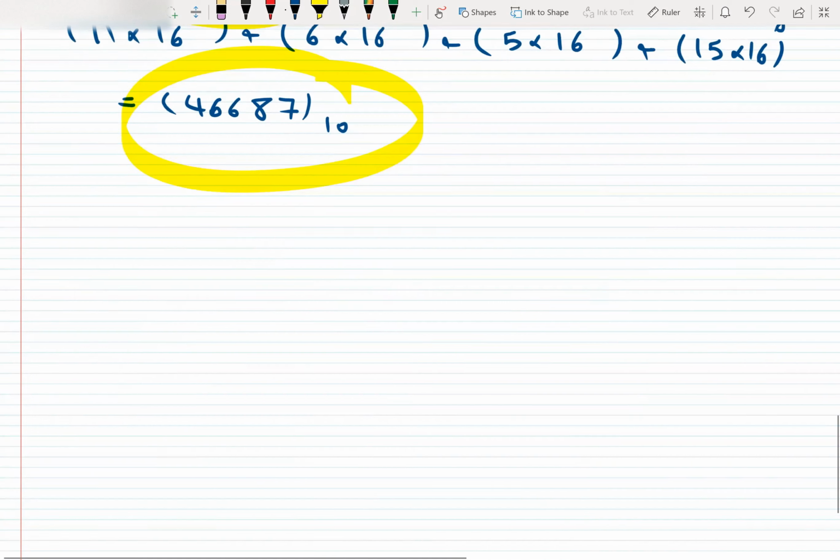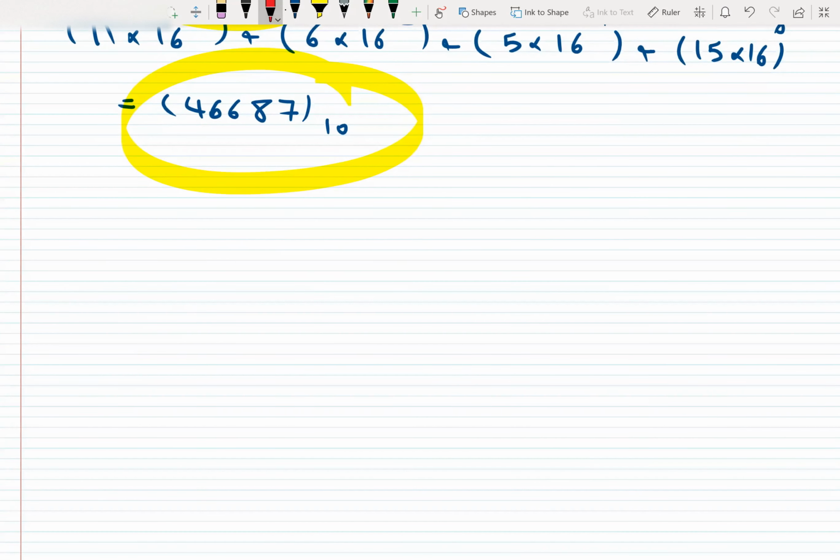Okay, conversion between different bases.